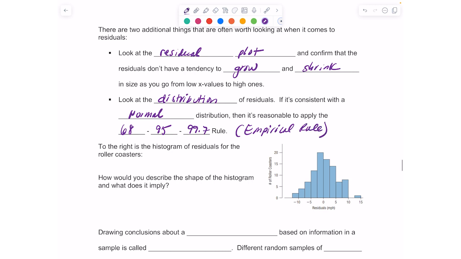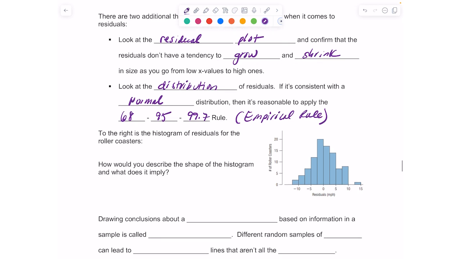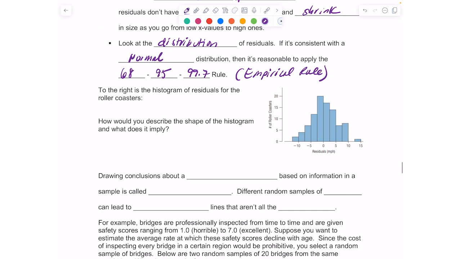To the right is the histogram of residuals for the roller coasters. How would you describe the shape of the histogram and what does it imply? So notice we have the residuals here on the horizontal axis and then the number of roller coasters. If I was looking at the shape, I would say that it's pretty unimodal and symmetric.